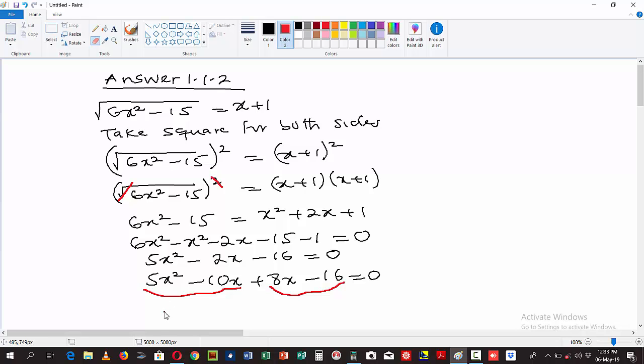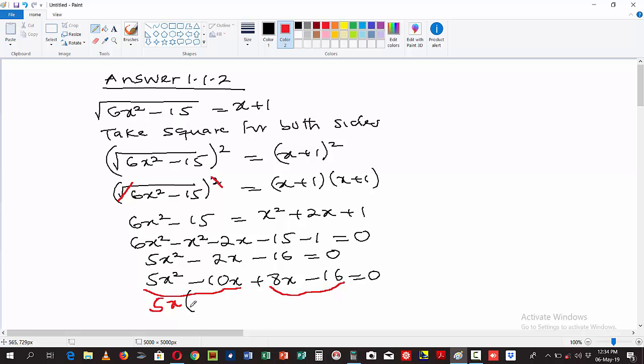Let us factorize this. 5x squared minus 10x. What is common between 5x squared and the minus 10x? 5x is common.